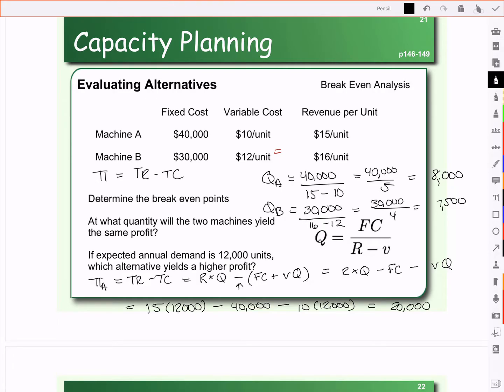Well, how does this compare to the profit of machine B for those forecasted 12,000 units?